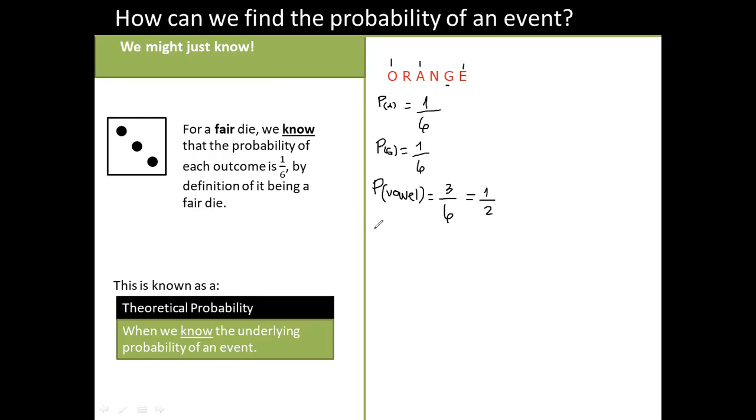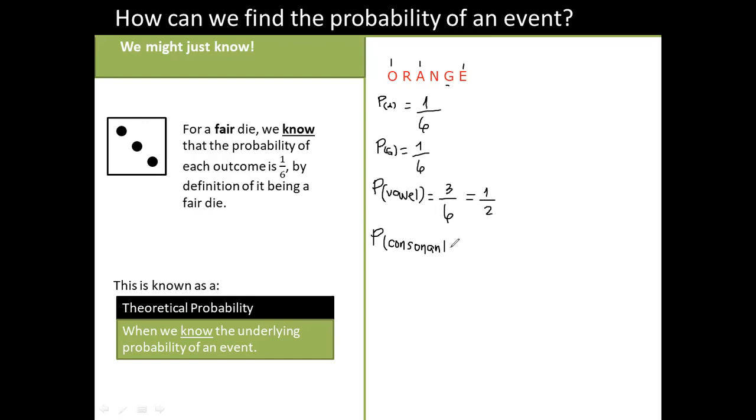What is then the probability of getting consonant letters? Okay, so what is the probability of getting consonants? All right, Otto, please.